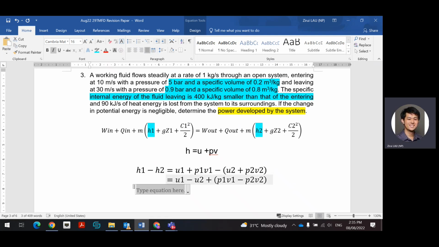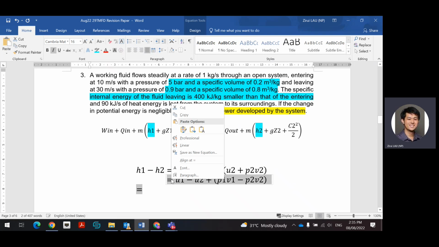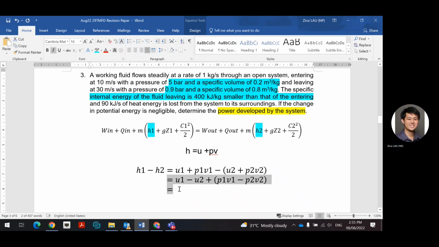U1 minus U2 is what? They say the internal energy leaving is 400 kilojoules smaller than that of the entering. So which one is bigger? Entering is bigger, so U1 minus U2 is 400.